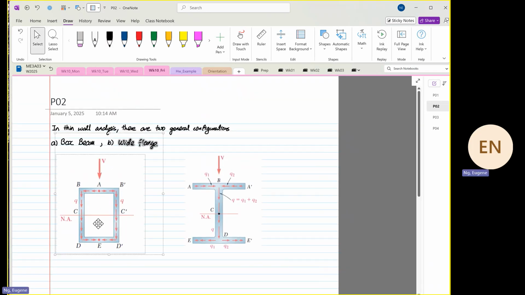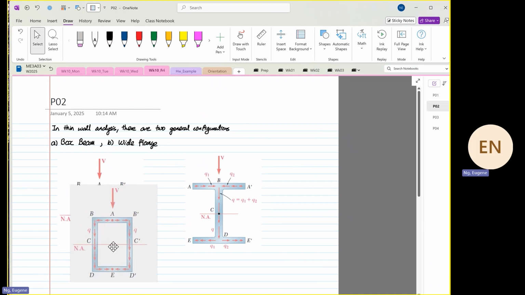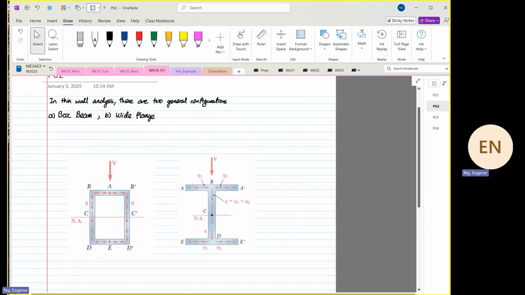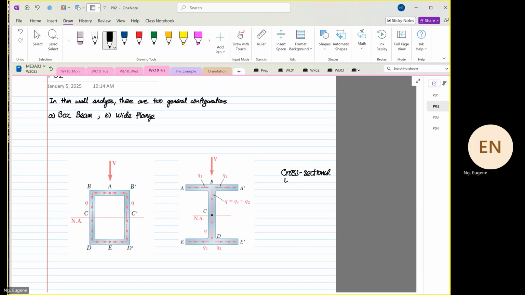Now, if I show you this diagram, this view is the cross-sectional view. Okay, so both share the same configuration. So this is Y, this is Z, this is rotation about X.